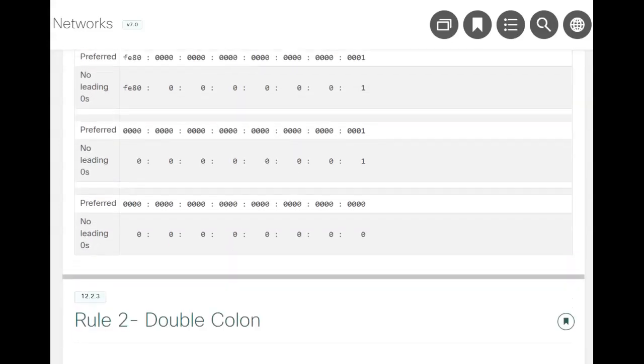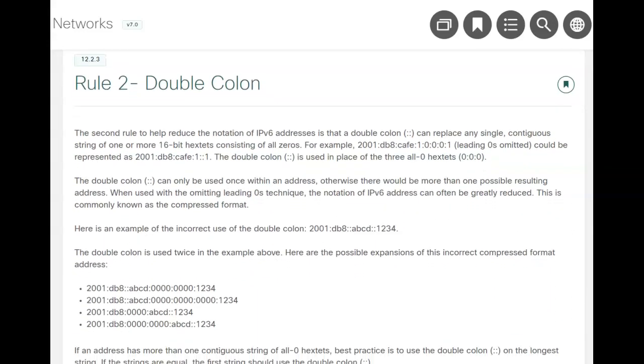Now the second rule is the double colon.